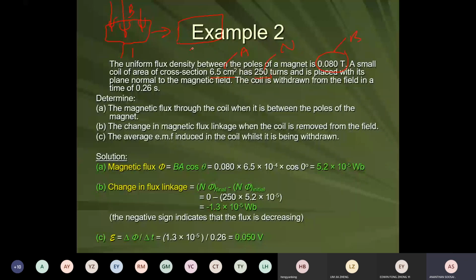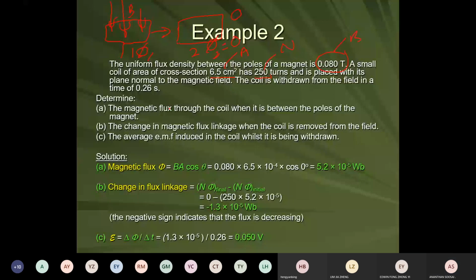So this is the first flux, and this is the second flux. Tell me, when the coil is moved away from the magnetic field, does the flux drop or rise? Flux drops, right? You go to a region where there is no magnetic field, B is 0. So the flux at 2 will be 0 because there is no magnetic field at all.